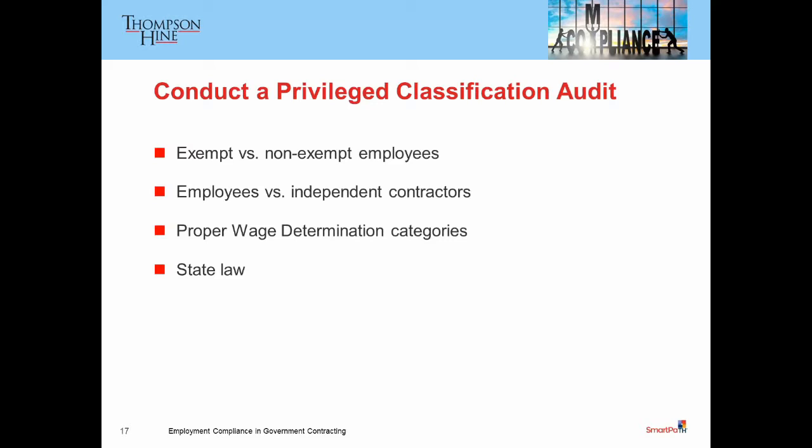You've now created all of these documents that are not protected if litigation arises, and the Department of Labor comes in or a private lawsuit is filed, and now you have to turn over all of those documents that show not only did you know there was a problem, you had the wherewithal to go in and research the issue, but then when you found out that there was a problem, you did nothing about it. In my mind, that's worse than not doing the audit in the first place.